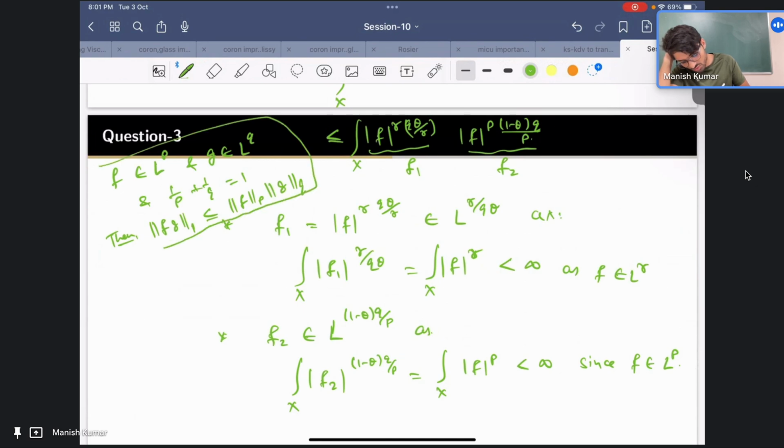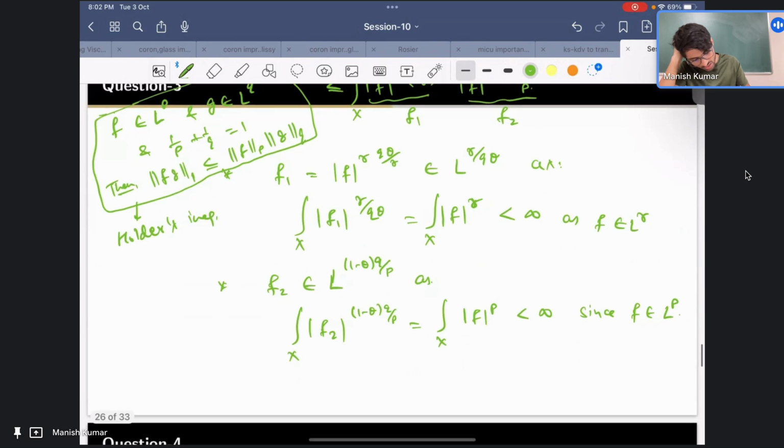This is Holder's inequality. So what I proved so far is that f1 is in L^(r by q theta) and f2 is in L^(p by (1 minus theta) q).